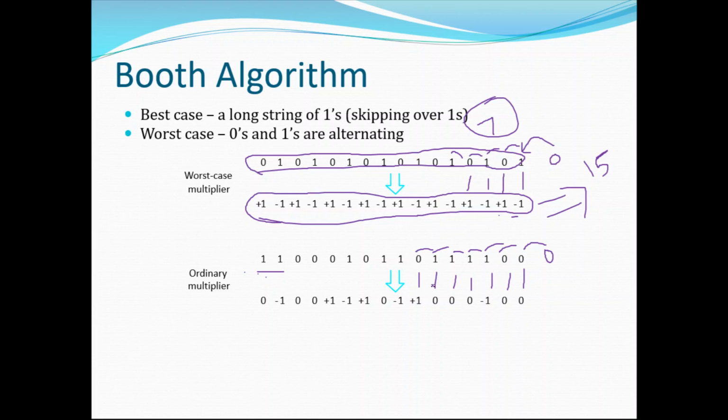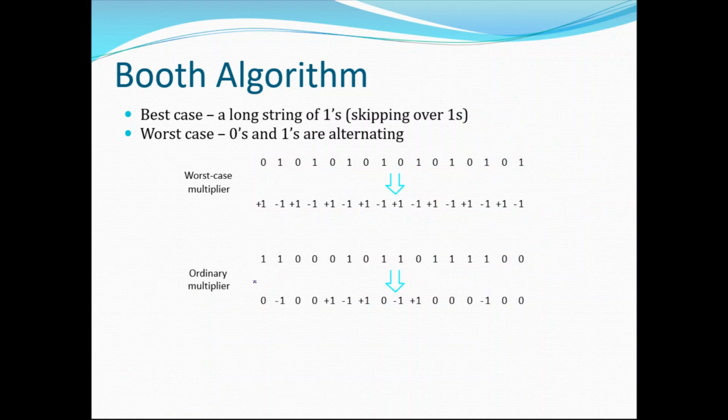Here, how many additions in the normal case? 1 2 3 4 5 6 7 8 9, 9 additions. With Booth's algorithm, 1 2 3 4 5 6 7, 7 additions. The number of additions decreased by 2, a reasonable improvement.